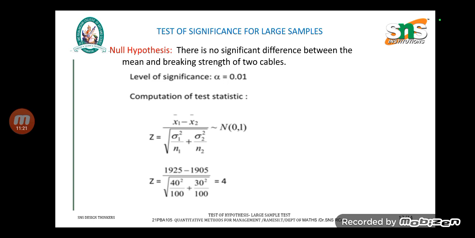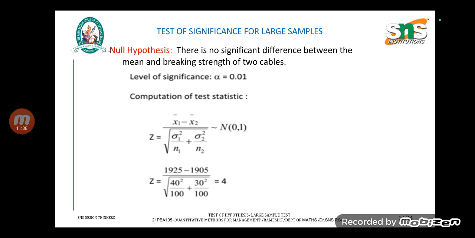The level of significance is 1%, that is 0.01. The test statistic is the difference between the two means, x1 bar minus x2 bar, divided by the root of sigma 1 square by n1 plus sigma 2 square by n2.